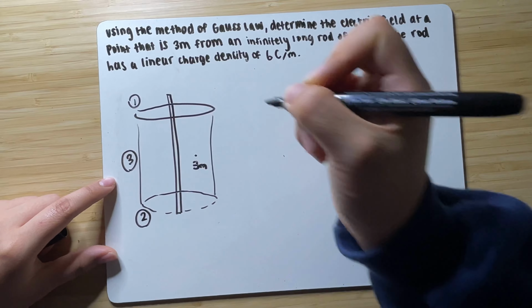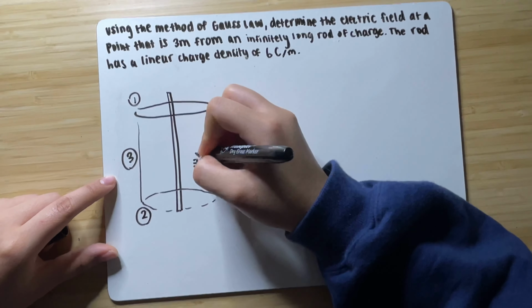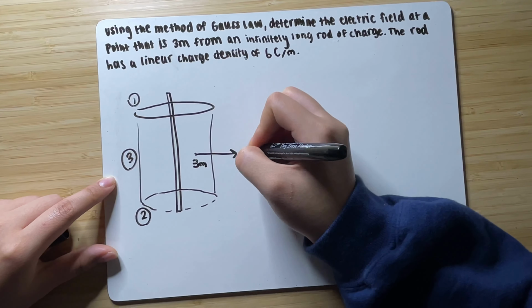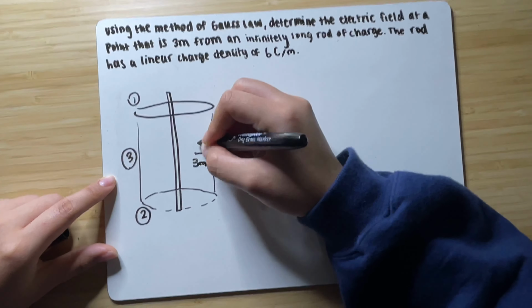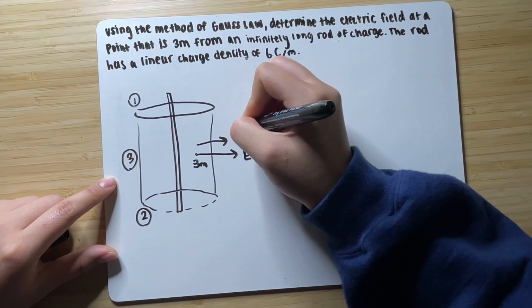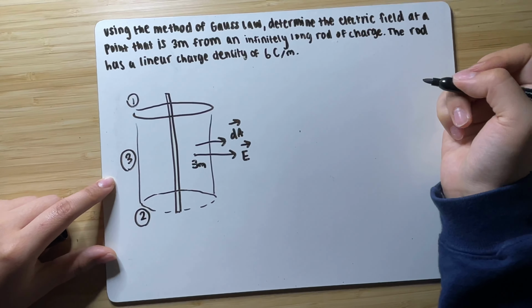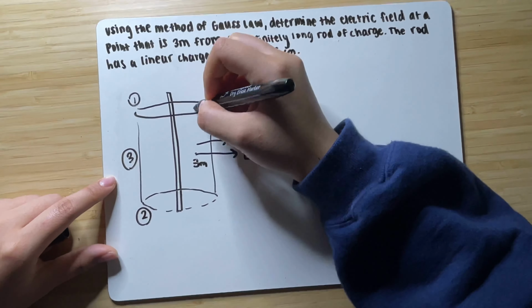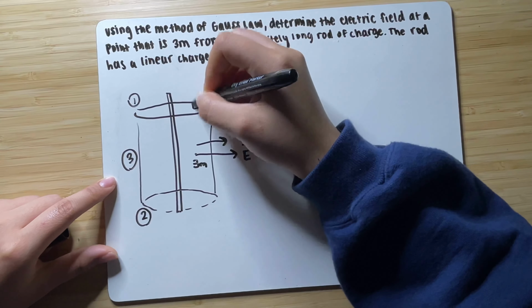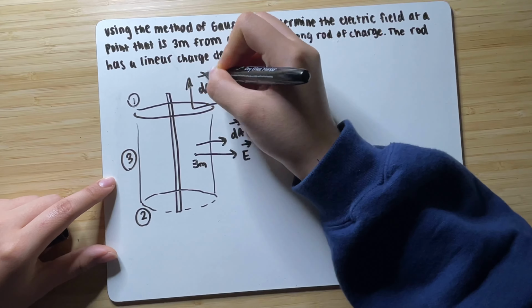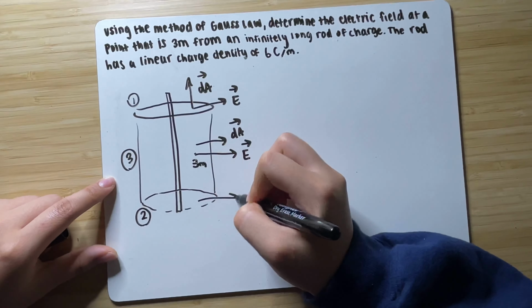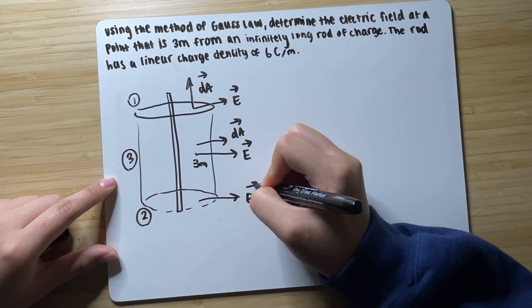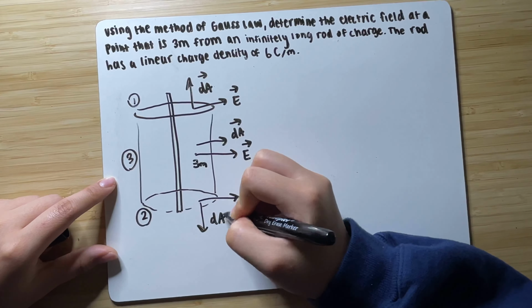So 3 meters here. We have electric field here, and we have a surface area vector here. And for this point, we have electric field here. We have a surface area vector here. And for this point, we have electric field here, surface area vector here.